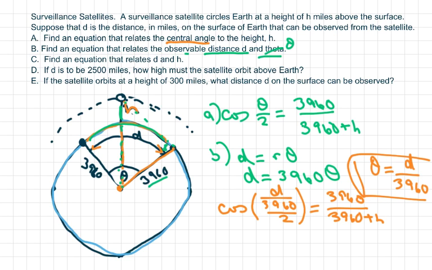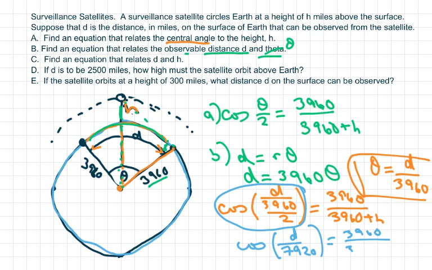All right, now I'm just going to clean this part up. So this is just cosine of D over 7920 equals 3,960 over 3,960 plus h. So we took care of A, B, and C.